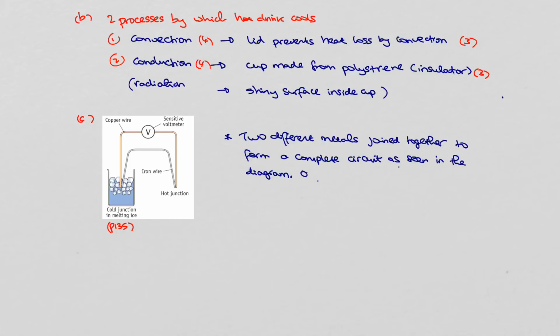And we have one junction that is kept at a fixed temperature, which is generally our cold junction, so maintained at 0 degrees.